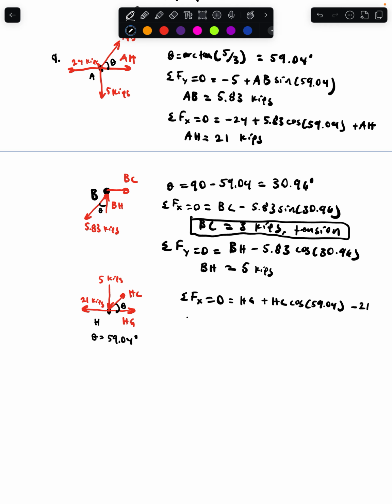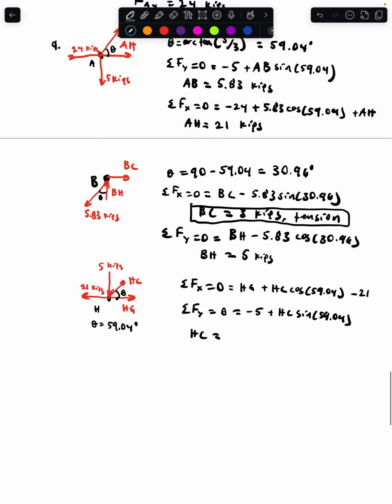And then, I guess I should have done the y direction first. In the y direction, we have negative 5 kips, and then we have plus HC times the sine of 59.04. It's going to give us HC equal to 5.83 kips, and that is in tension, because it's pulling on the joint.